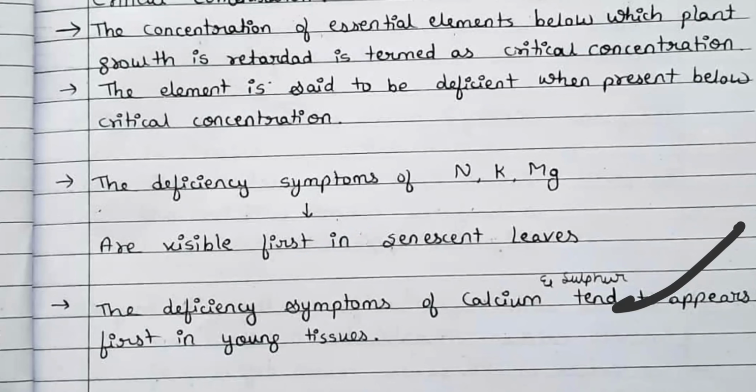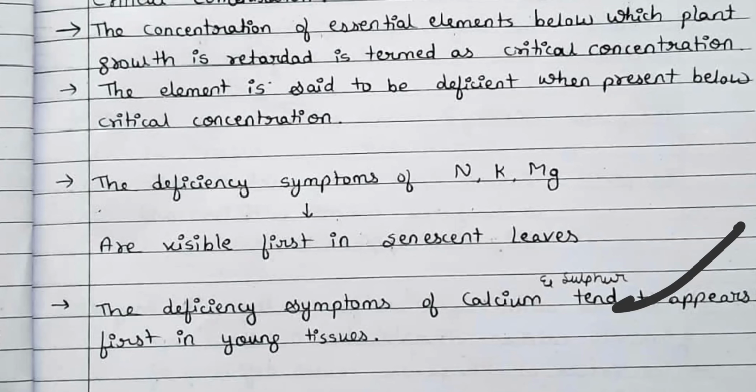Like calcium: if calcium is not there, then the mitotic spindle is not formed, no cell division, no new cell formation, no growth in the plant. These deficiency symptoms may disappear when we provide the deficient mineral element to the plant. When element deficiency occurs, we have to provide that element, and the plant again shows growth. And if not provided, gradually the plant dies.